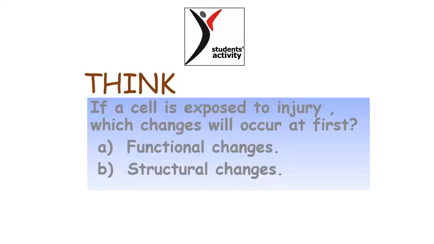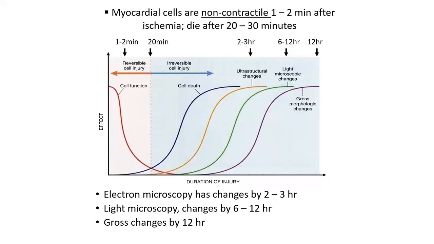At first, think. If a cell is exposed to injury, which changes will occur at first? What do you think? Functional changes or structural changes? If we look at this diagram, here we can see myocardial cells exposed to ischemia.